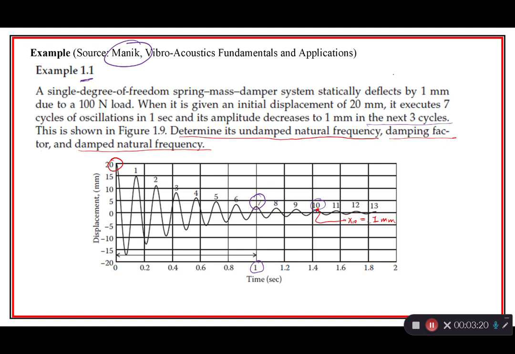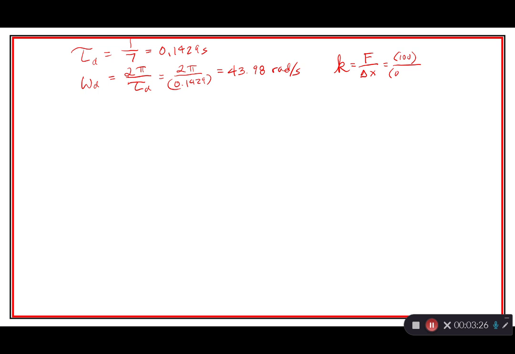Let me double check that. 100 newtons and 1 millimeter. So that's 0.001. You could do that in your head, but it's 100,000 newtons per meter.